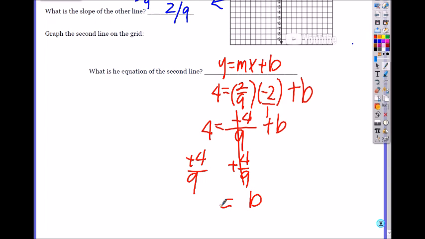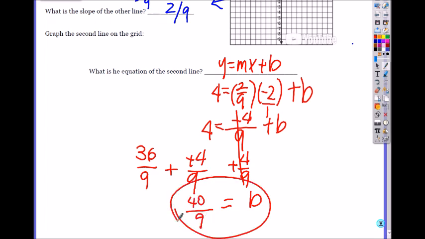So 4 is the same thing as what? If you have a common denominator of 9, what is the whole number 4 equal to? What over 9? 36, right? 36 over 9 is 4. So 36 plus 4 is 40 over 9. And that is a simplified fraction, so you leave it as 40 over 9.